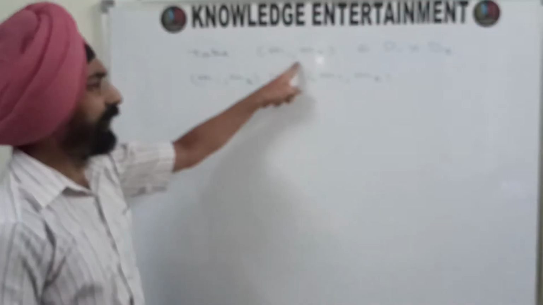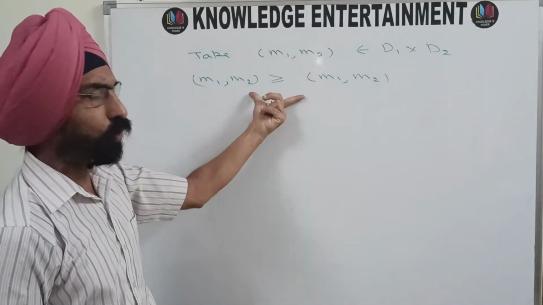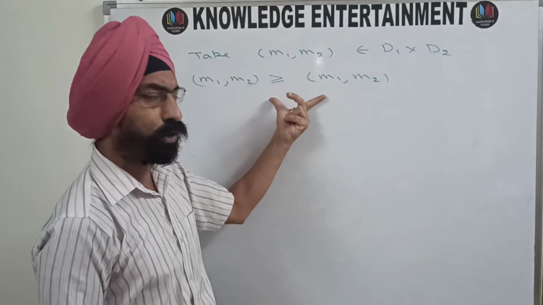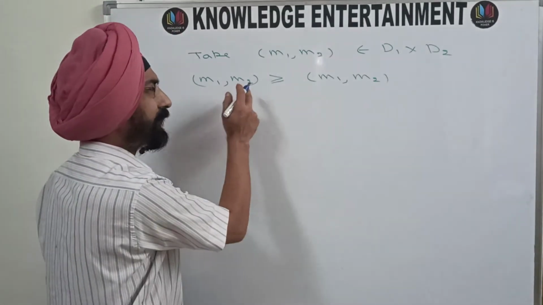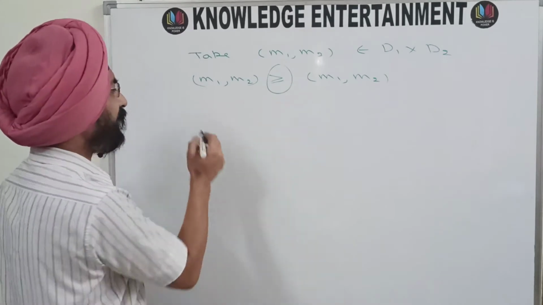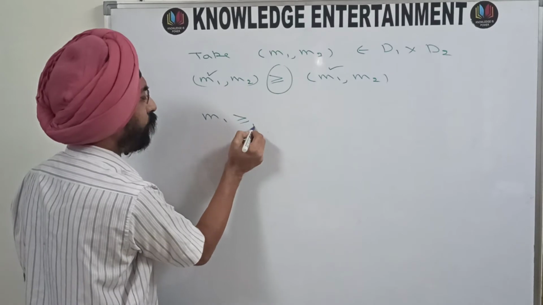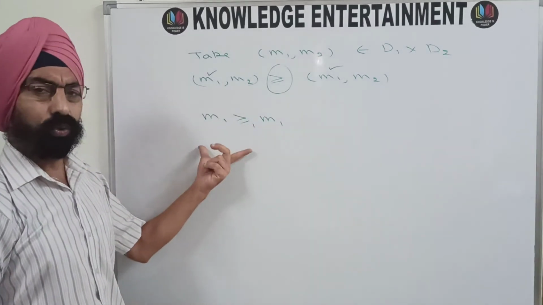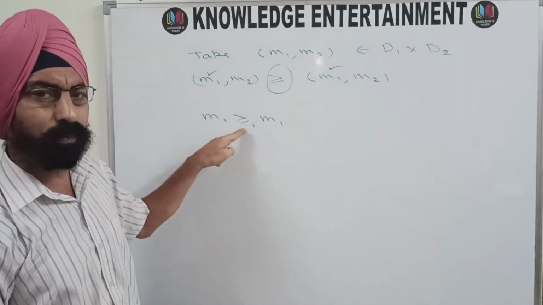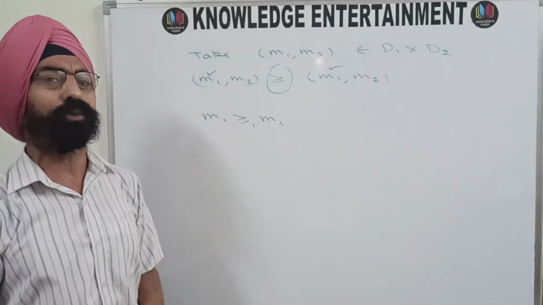You have taken an arbitrary element, and if you show this, it holds true for every element (M1, M2) of D1 cross D2, and it holds true. Why? Because by definition of this binary operation, it will hold if M1 is greater than or equal to 1 M1, and it is true because M1 is coming from D1 and this is the binary operation of D1, and D1 along with this binary operation is already given to be a directed set.